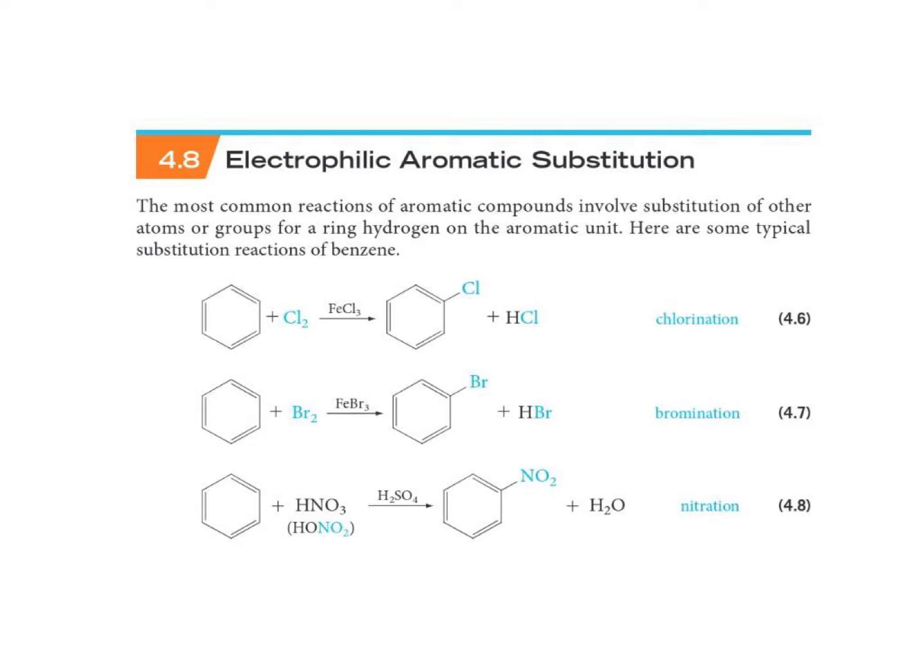If you have more than 1 benzene ring, you have similar types of reactions, but depending on where we attach the substituent, we can have different types of isomers. Just a review of what we talked about for these types of compounds. Any questions?